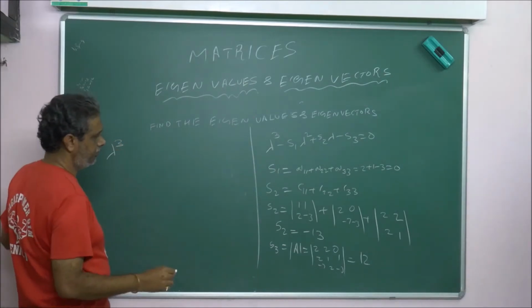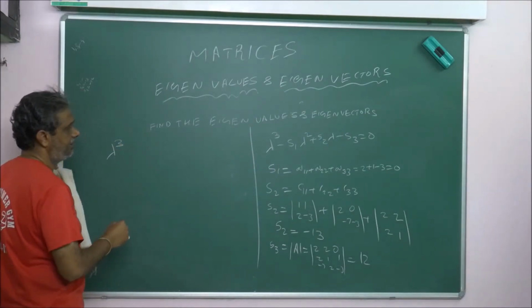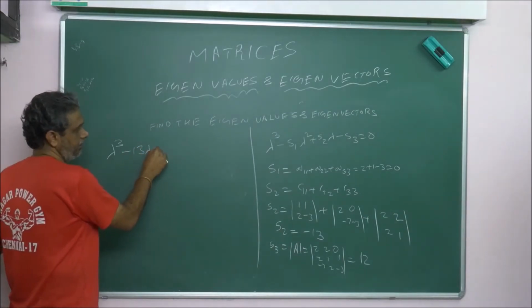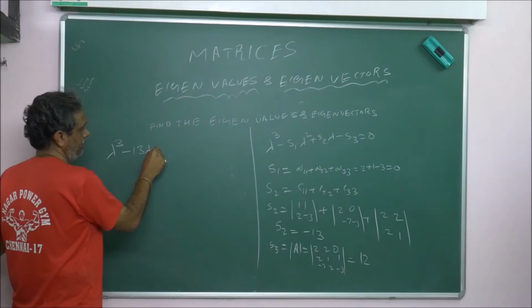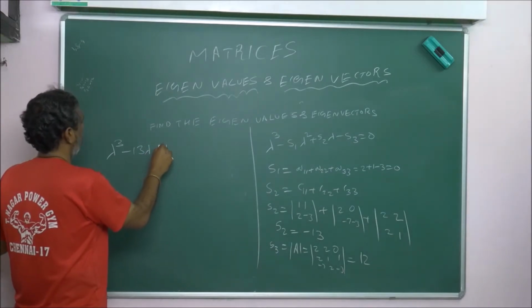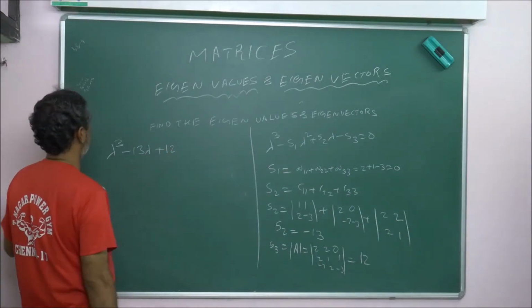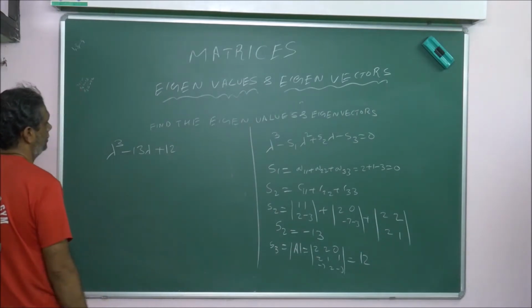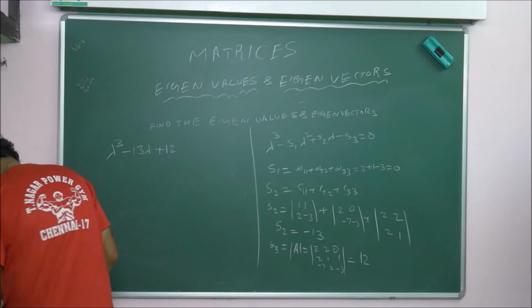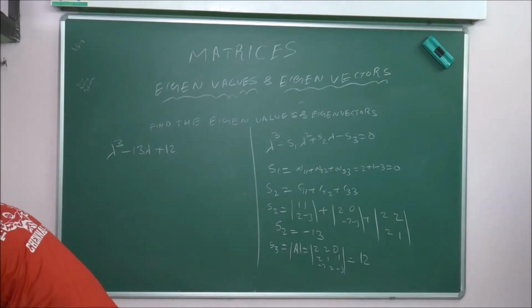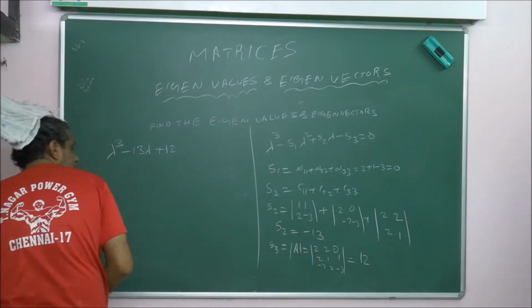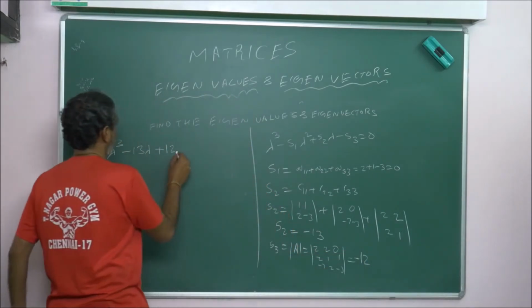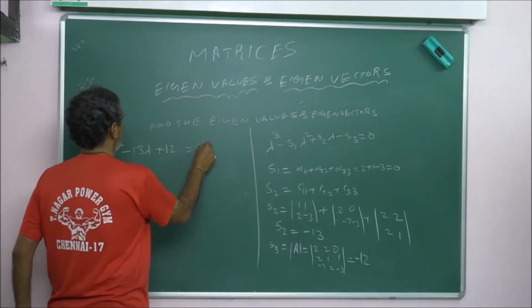Lambda cube minus s1, which vanishes, s2 is minus 13 lambda, plus 12, is equal to 0.